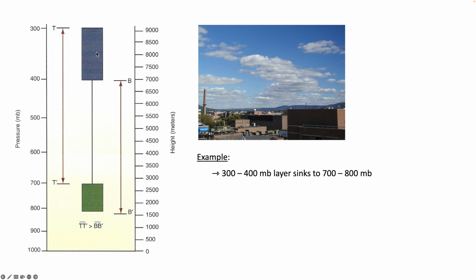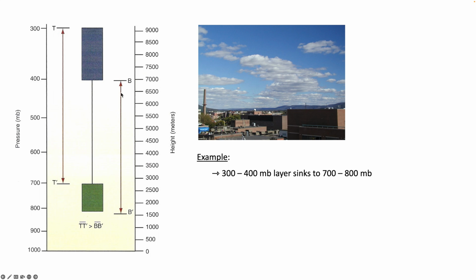If we take this layer of air and bodily bring it down so that it's between 700 and 800 millibars, the top of our layer, which is going to drop from 300 to 700 millibars, is actually going to fall further vertically than the bottom of our layer, which is going to move from 400 to about 800 millibars.